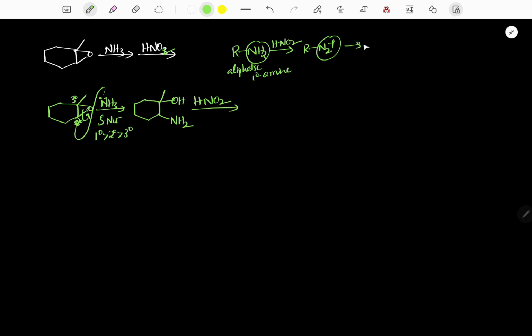We have to remove the N2 plus and write down the C plus. So similarly here also we can expect, by losing NH2, it forms initially N2 plus. Now it loses the leaving group N2 gas and forms a carbocation.